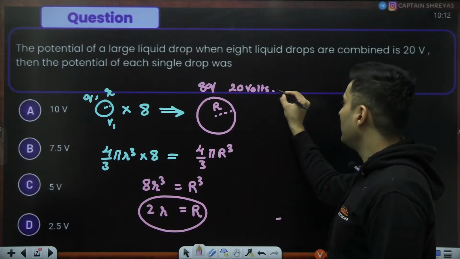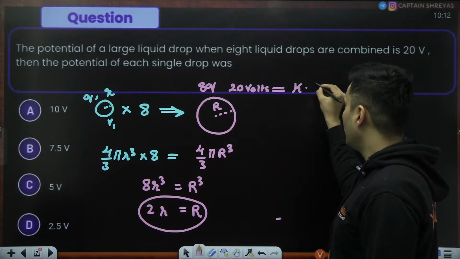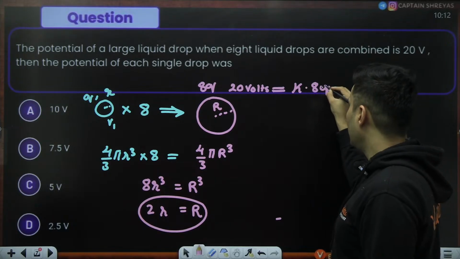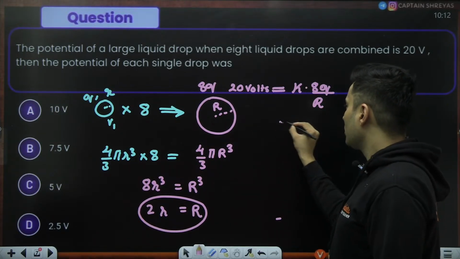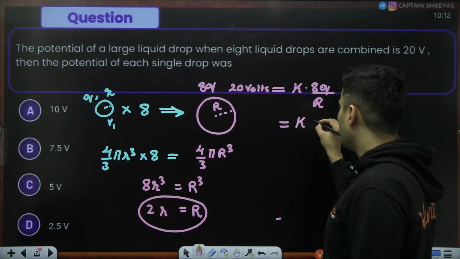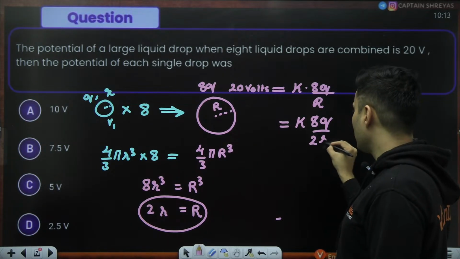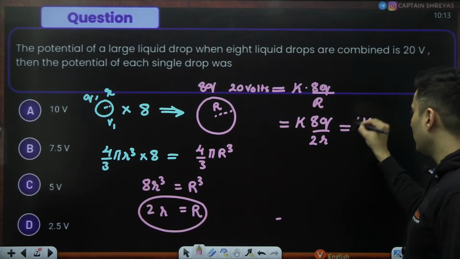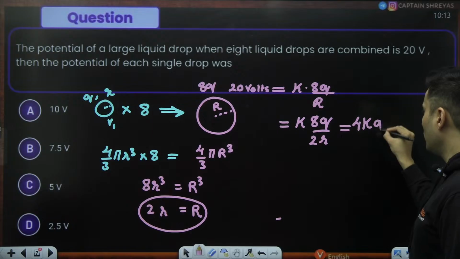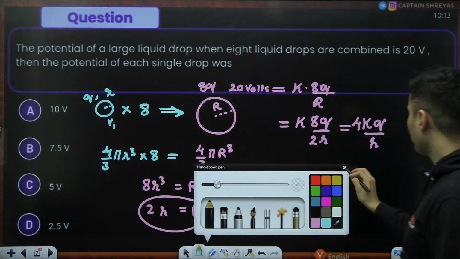So this 20 volts is nothing but K multiplied by 8Q divided by the new radius. So this will be 8 K Q divided by the radius, which is 2 times r. So therefore, this will be 4KQ divided by r.